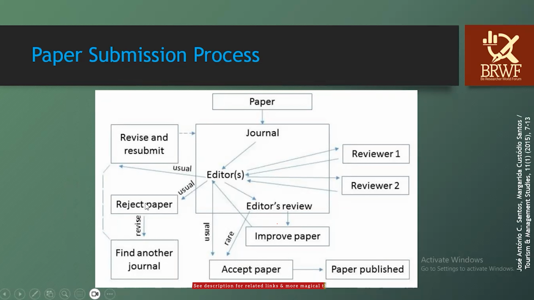If the paper is rejected, the author needs to find another journal, then revise and resubmit. If the reviewers say you have to improve the paper, then after improving it you submit it again to the editor. It is rare that an editor directly accepts a paper; they generally ask for improvement, but after acceptance the paper will be published.